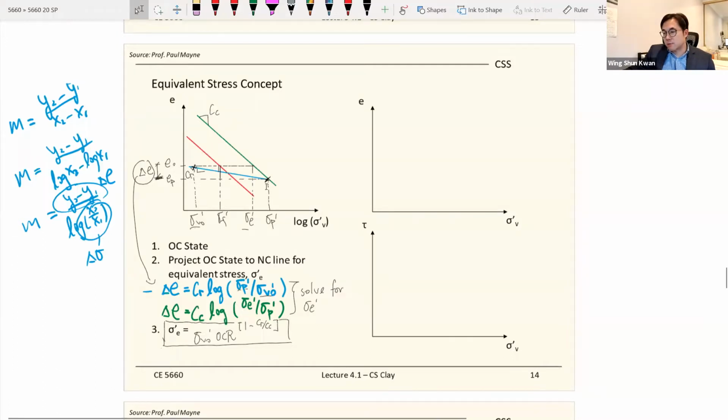And also the maximum past pressure, because you rebound at this point. So the change of the void ratios and also the change of the stress work for both drained and undrained conditions.